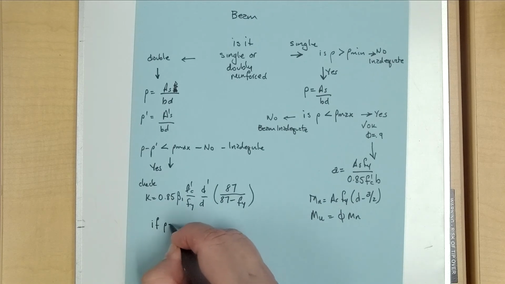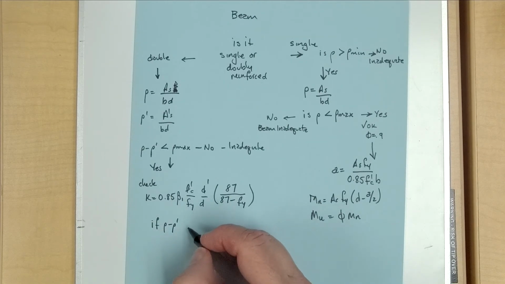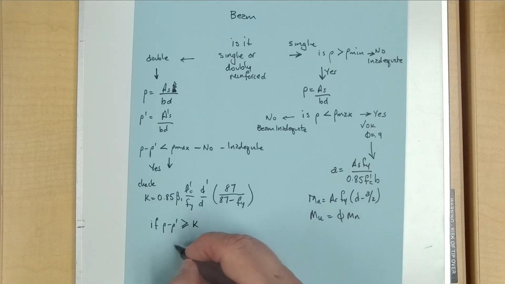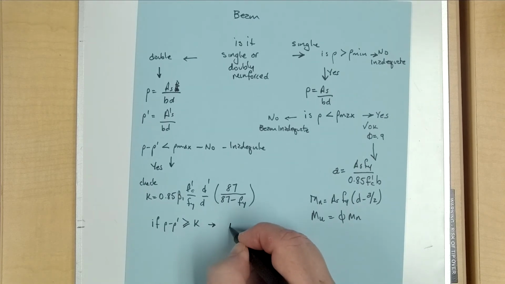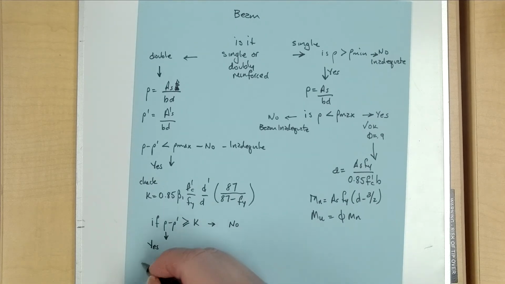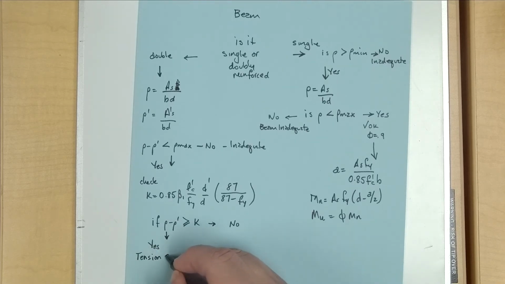If rho minus rho prime is greater than or equal to K, if yes, tension steel yields, compression steel yields.